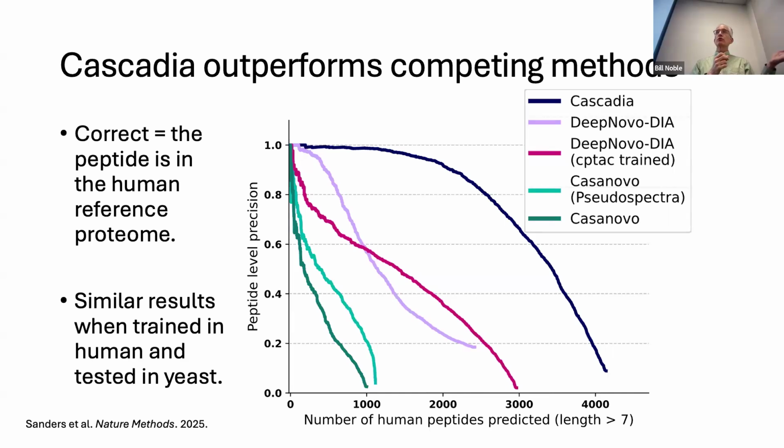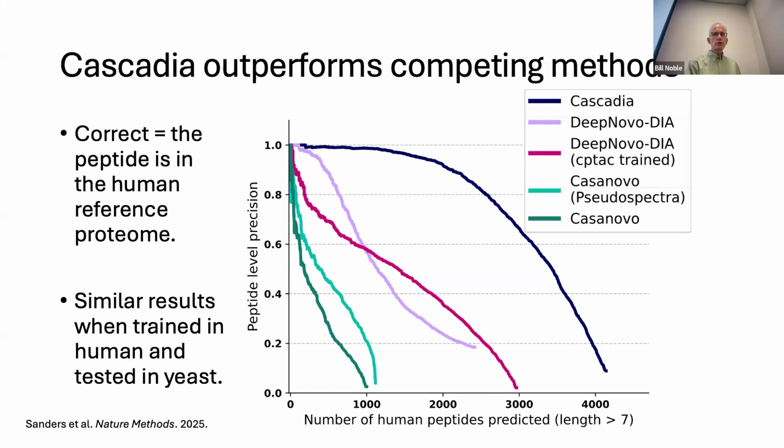Some of the database search tools rely on these pseudospectra. And in fact, DeepNovo-DIA, which was the only existing deep learning method for analyzing this kind of data, also used pseudospectra as its input. So if we run Casanovo on pseudospectra, it does give you a benefit, but not very much. Nothing compared to DeepNovo-DIA, which was specifically trained for handling the pseudospectra from DIA data.